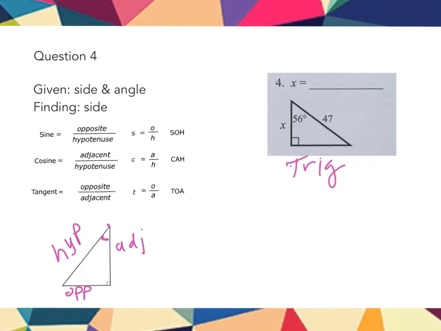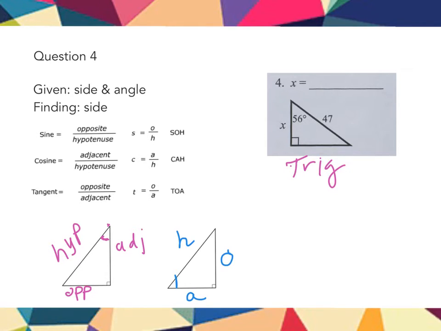All right, but that's just if that's the angle we're looking at. Let's imagine for a second that we're looking instead at this angle. Our hypotenuse wouldn't change, but this time this would be our adjacent side and this would be our opposite side. A common mistake people make here is just not considering which side is the opposite and which is the adjacent.